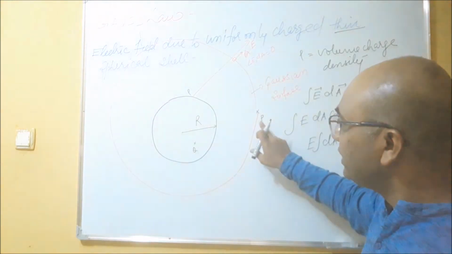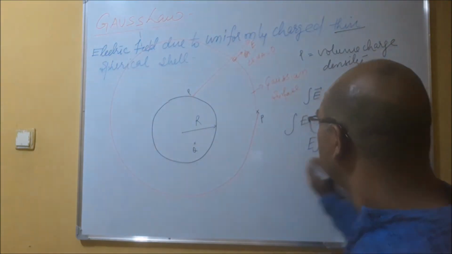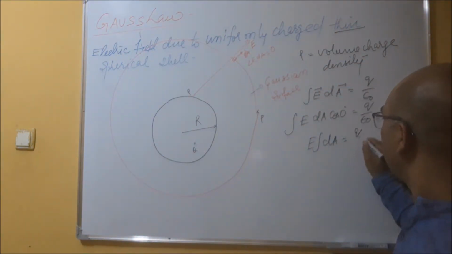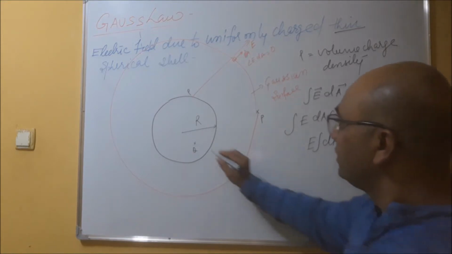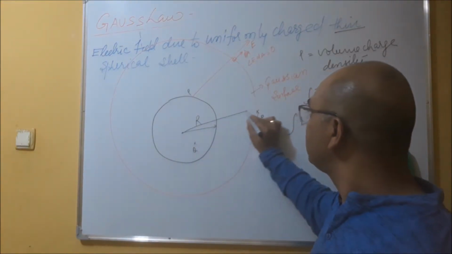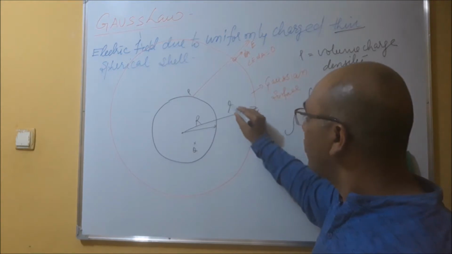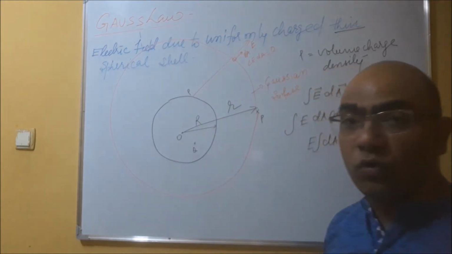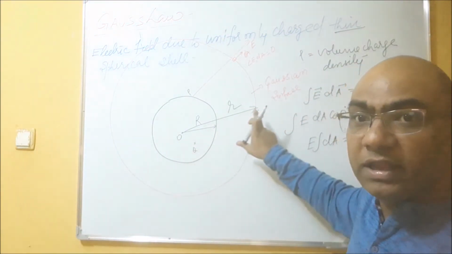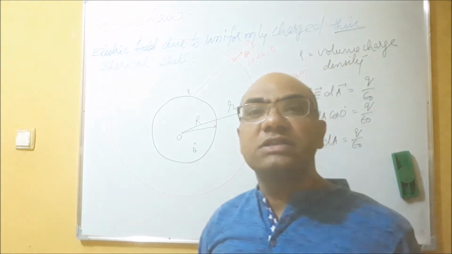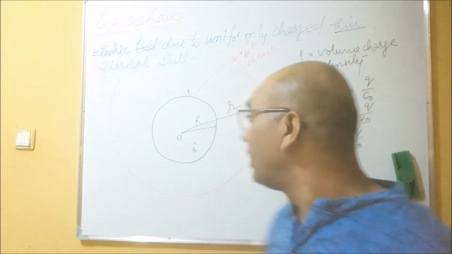So at point P it is also constant, and this is integral E dA equals Q upon epsilon naught, right? Suppose this point is at a distance small r from this point, suppose O. So the distance between O and P is small r.